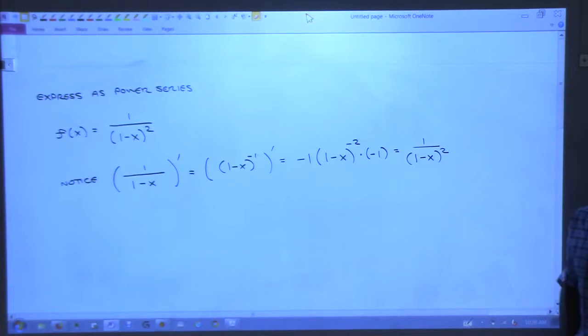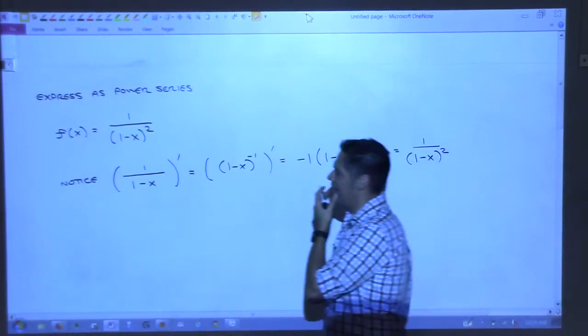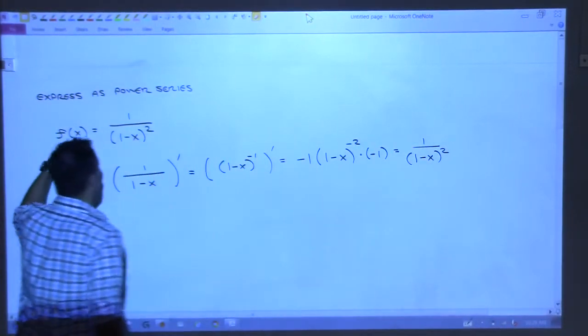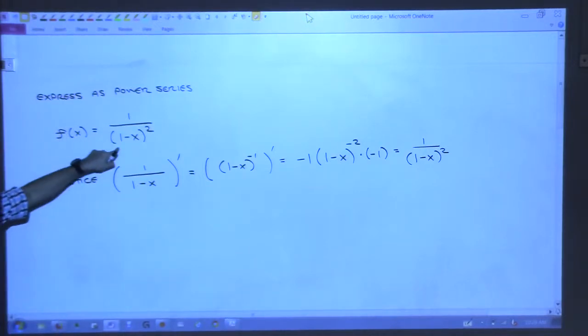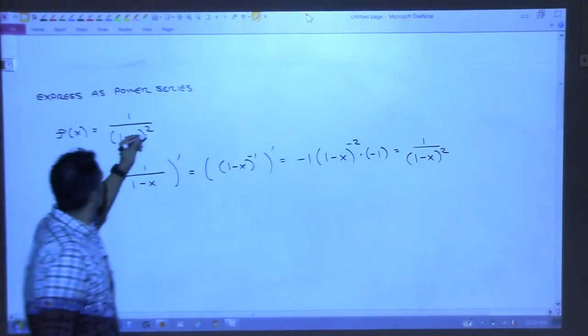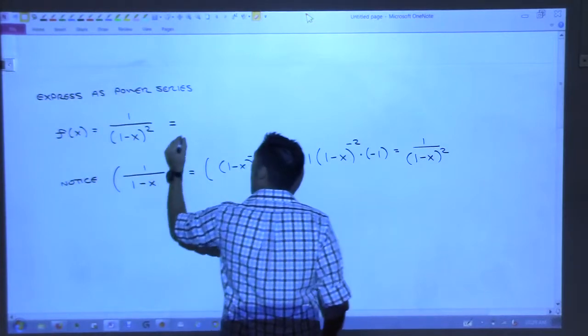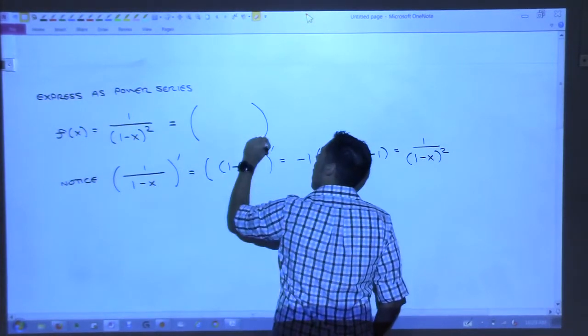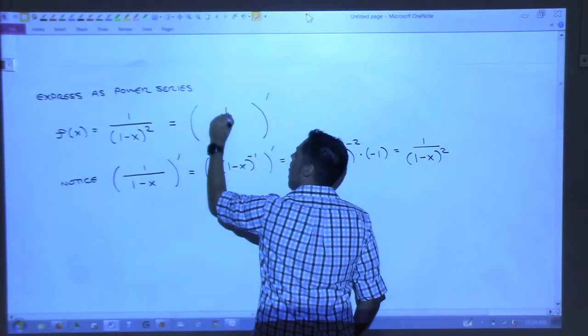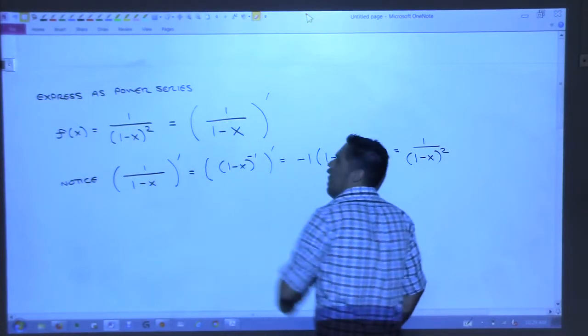Okay. So what I'm saying here is that this expression that we're looking at is actually equal to the derivative of that, right? That's what we just said?